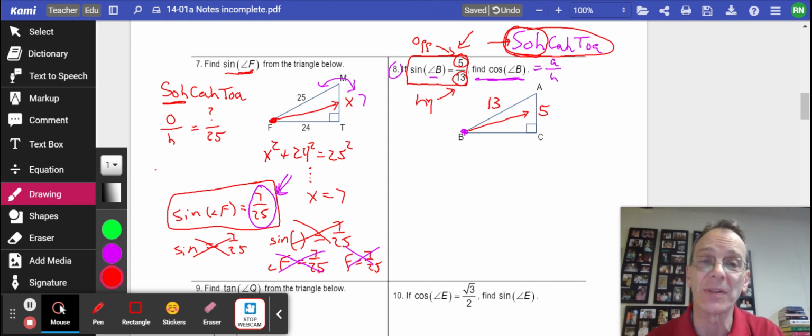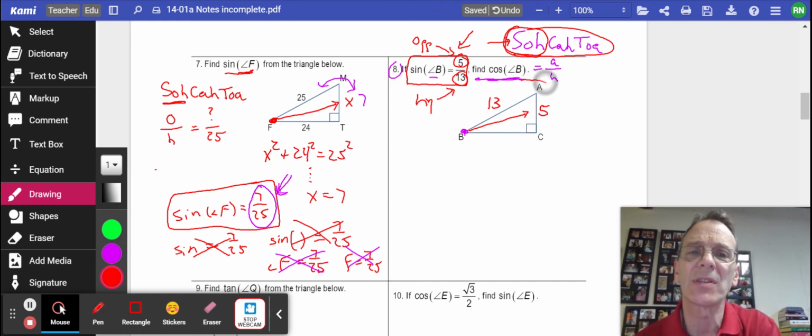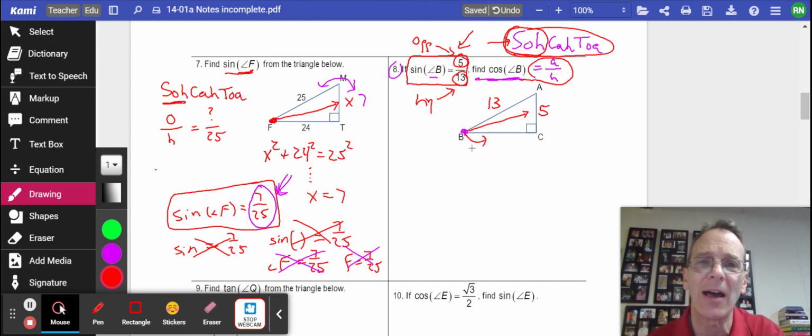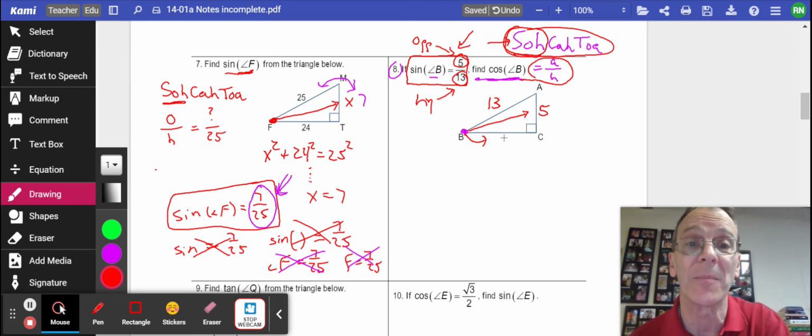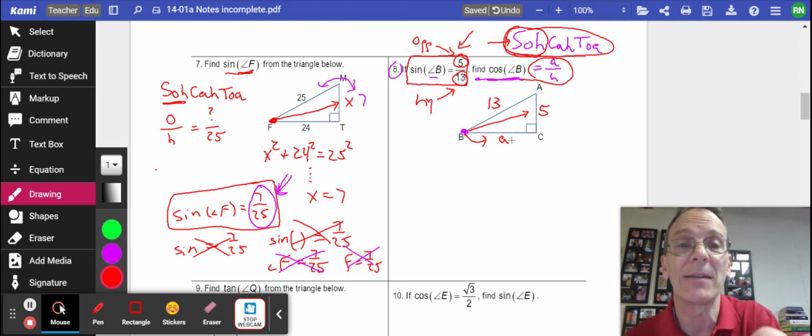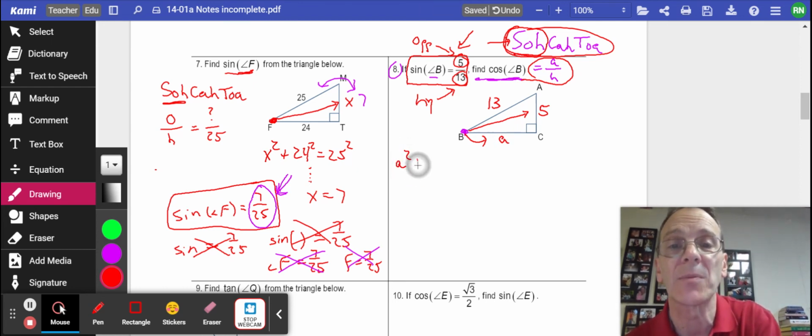Now we've got 2 of the 3 side lengths in the triangle. To come up with the cosine of angle B, we're going to need the adjacent side, which we don't have, but we can find, once again, using the Pythagorean theorem. Call this side A, and A squared plus 5 squared is equal to 13 squared. Do that little bit of algebra to come up with A is equal to 12.